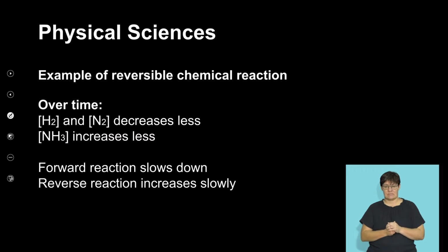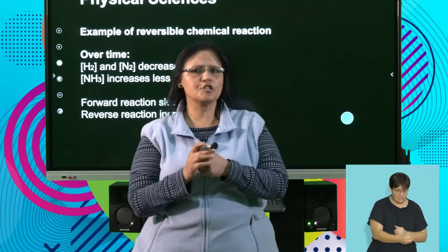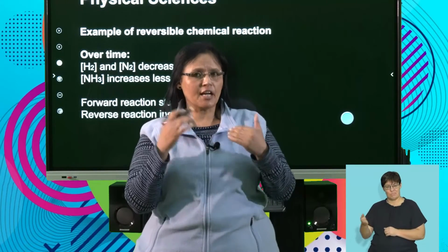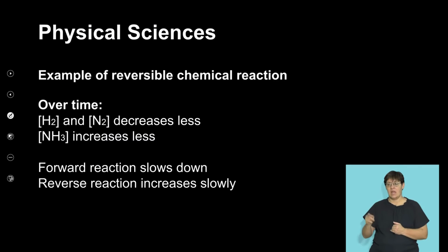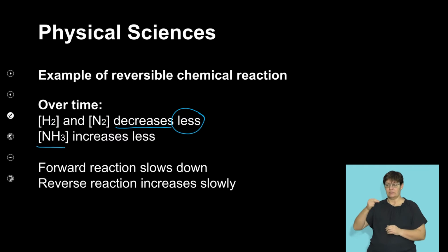Even a little bit later, remember we still have nitrogen, we still have hydrogen, but we also have ammonia now in the system. But the nitrogen and the hydrogen has become less and less over time, so it still decreases, but not at a high rate as before. So it decreases, but to a lesser extent. The ammonia still increases, but not like before.